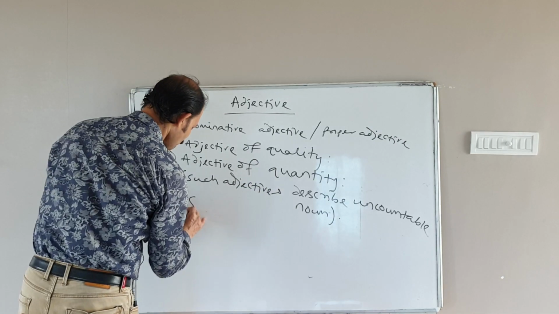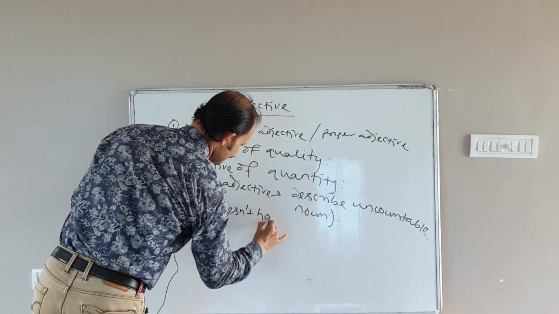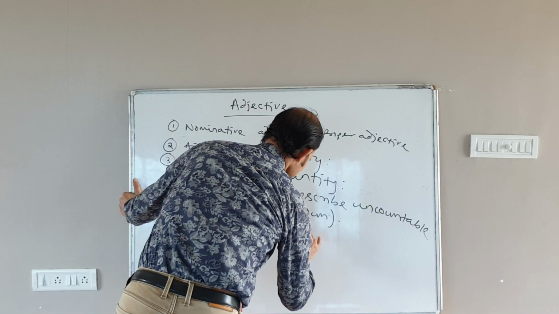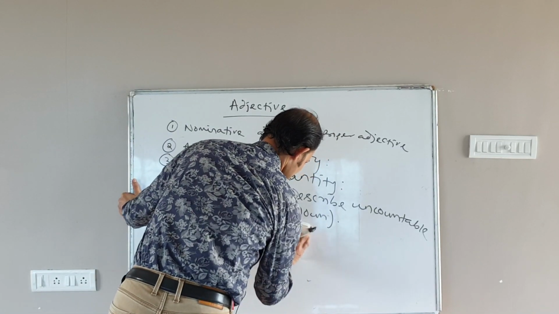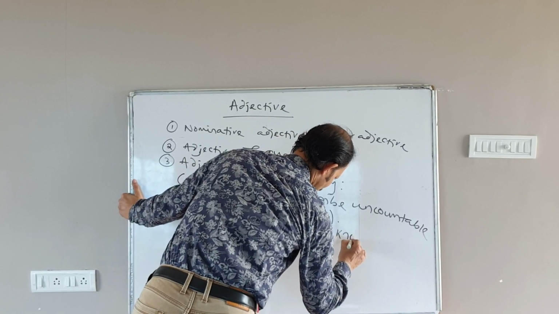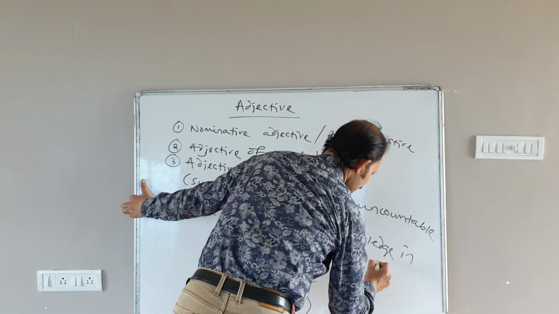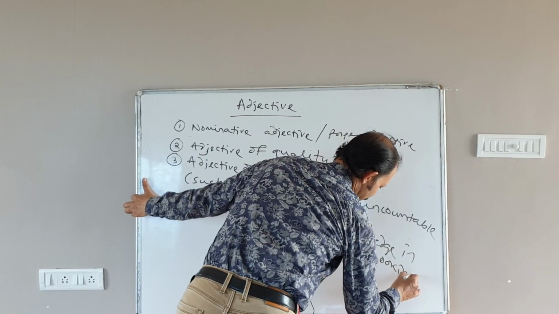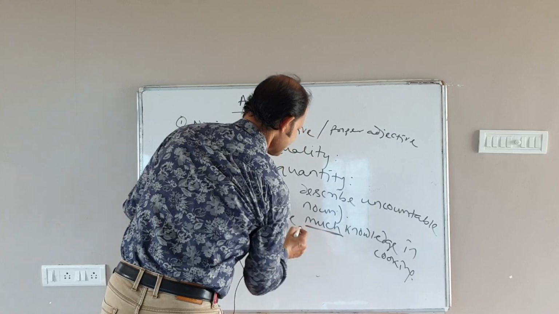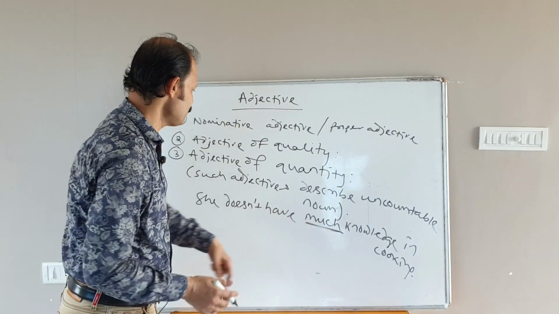How? Suppose she doesn't have much knowledge in cooking. So here much describes how much. So this is adjective of quantity.